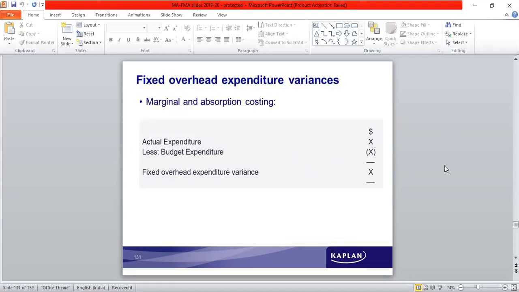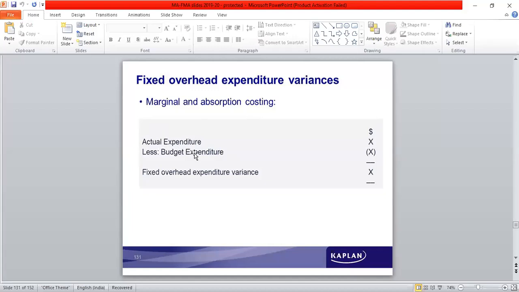Fixed overhead variances depend on marginal costing and absorption costing techniques. We know that fixed overhead costs are charged to the ending inventory under absorption costing, but under marginal costing, fixed overhead costs are not charged.